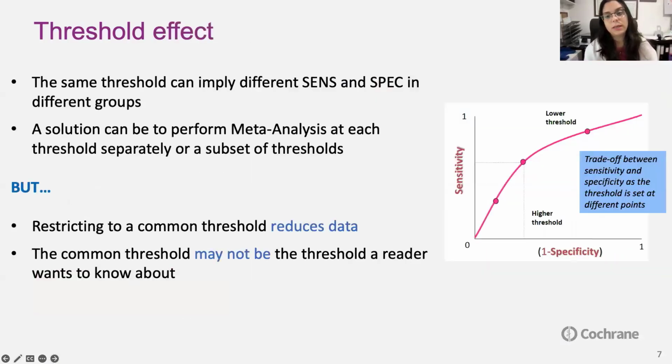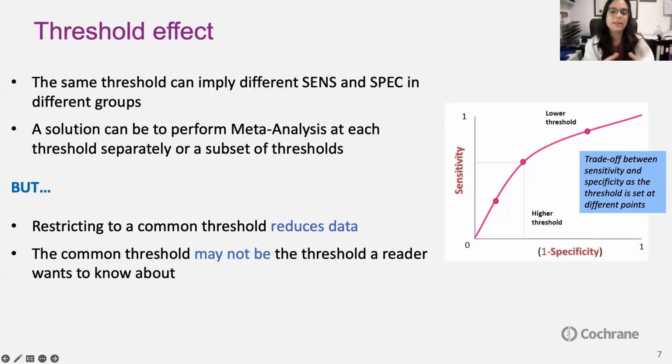Now, it should be noted that the same threshold can actually imply different sensitivities and specificities in different groups of individuals. In a meta-analysis, a solution could be to perform a meta-analysis at each threshold separately or at a subset of clinically similar or equivalent thresholds.